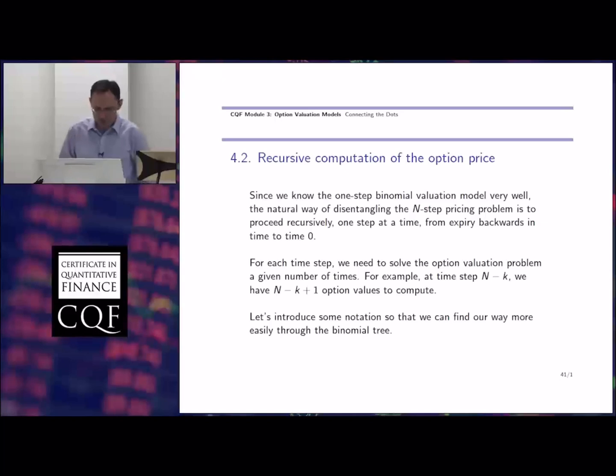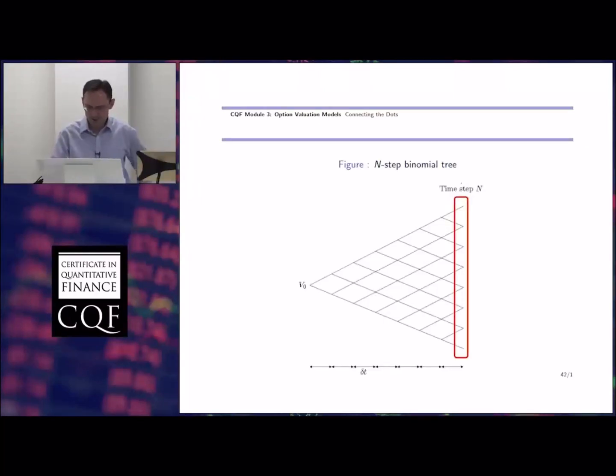So let's look at our recursive computation of the option price. We start at time step n. That's when we get our payoff. So we've got 1, 2, 3, 4, 5, 6, 7, 8 samples on our payoff line, meaning that n is equal to 7 on this representation.